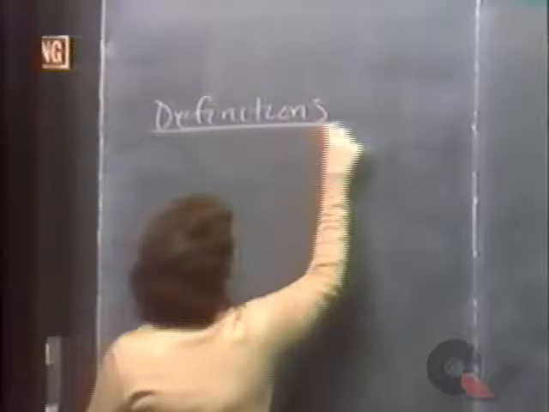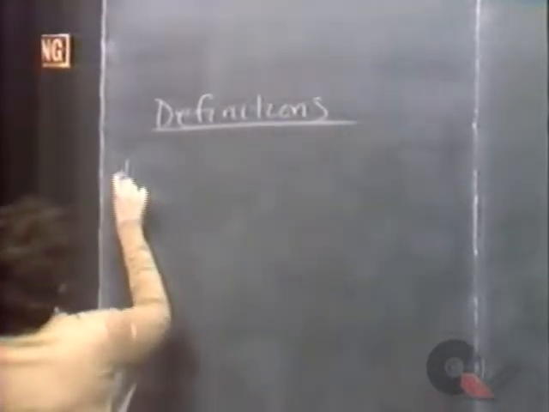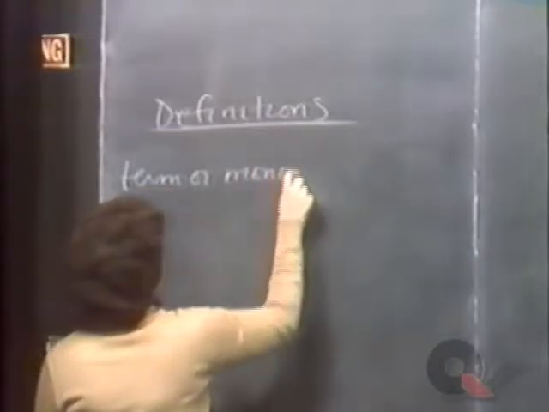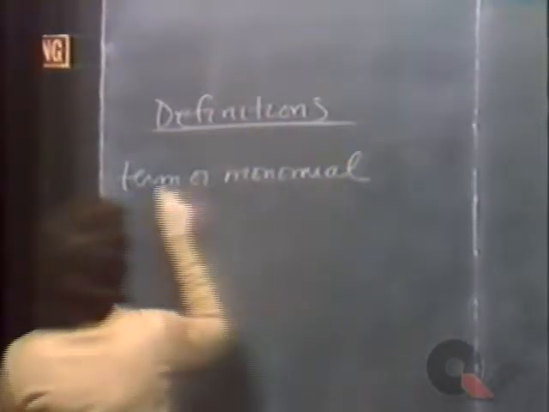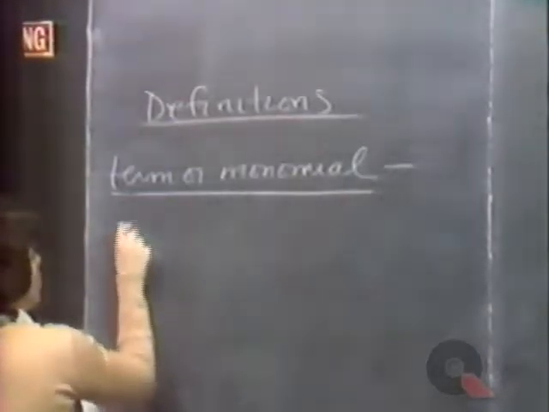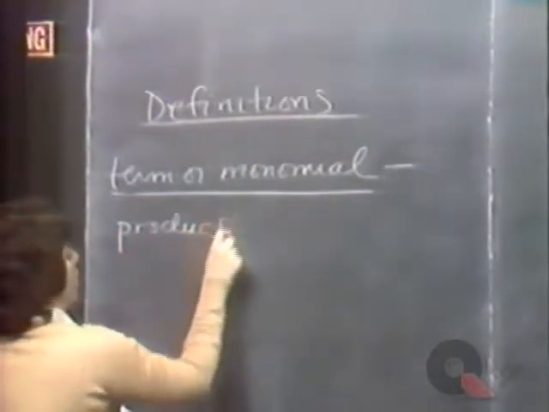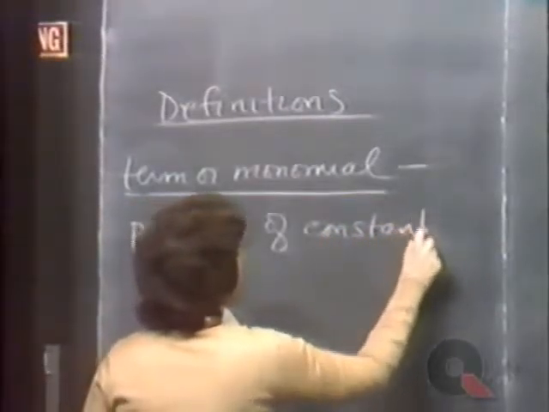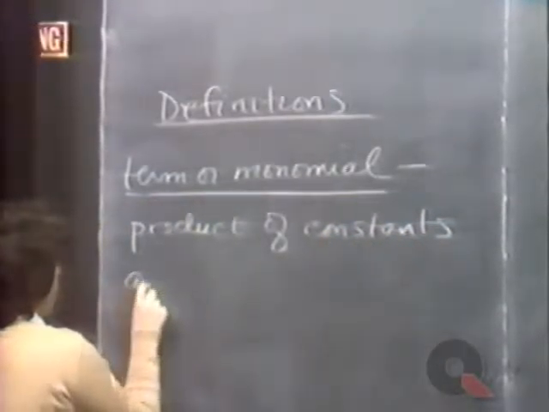Our first definition will be that of a term or a monomial. By a term or a monomial, I mean a product of constants and or variables.